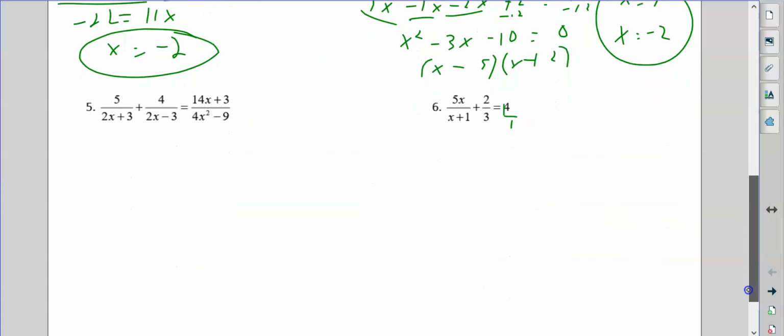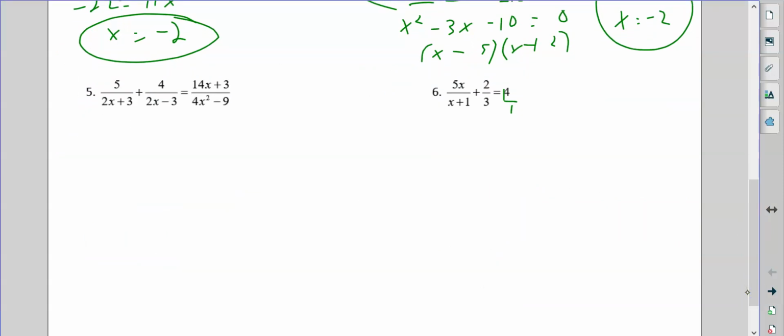Okay. So, again, kind of like the previous one, this is going to simply factor to 2x plus 3, 2x minus 3. That is my LCD.